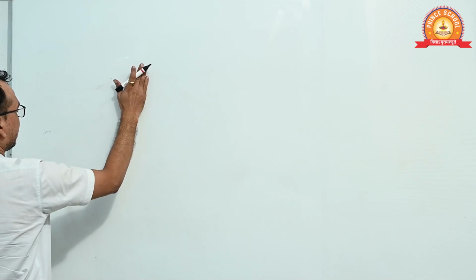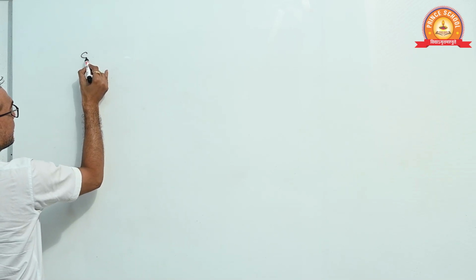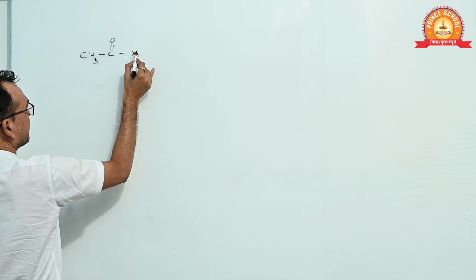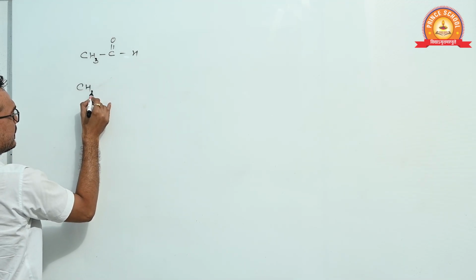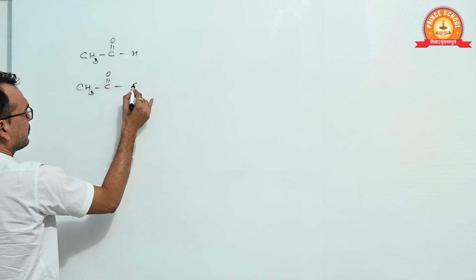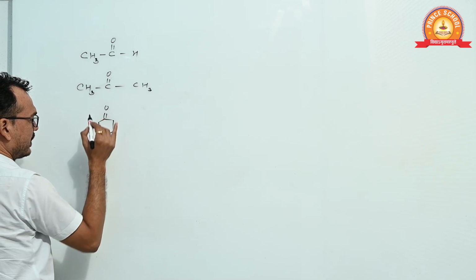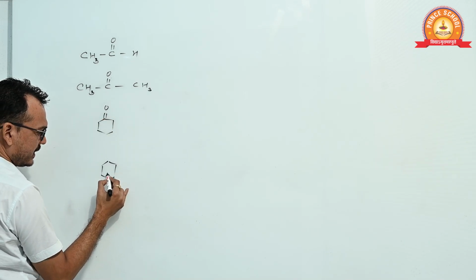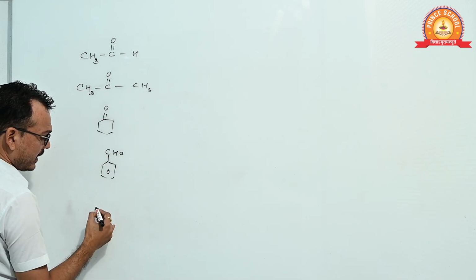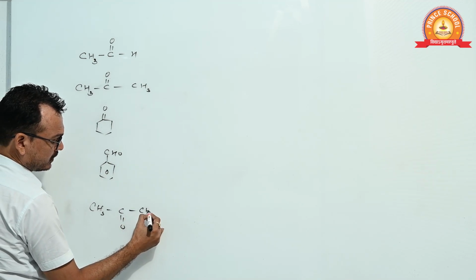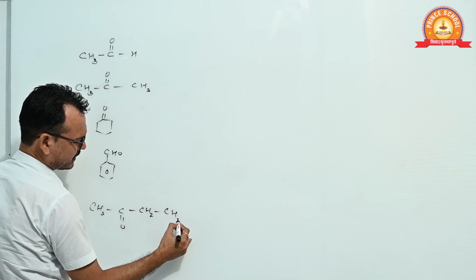Suppose we have different examples. It is CH3 C double bond O H, another is CH3 C double bond O CH3, another is cyclohexanone, and another is benzaldehyde. Clear? And another is CH3 C double bond O CH2 CH3.